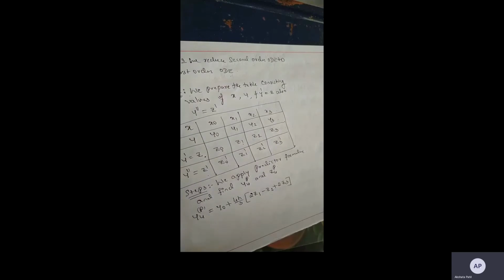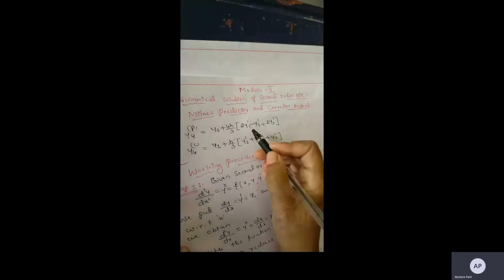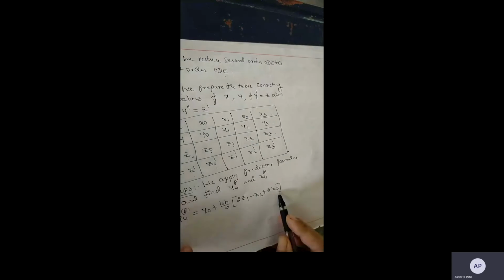This is the same formula we used in module 4, but in place of y1 dash, y2 dash, y3 dash, here we will use z1, z2 and z3. I hope you understand. So it is the same formula, no need to remember anything extra.